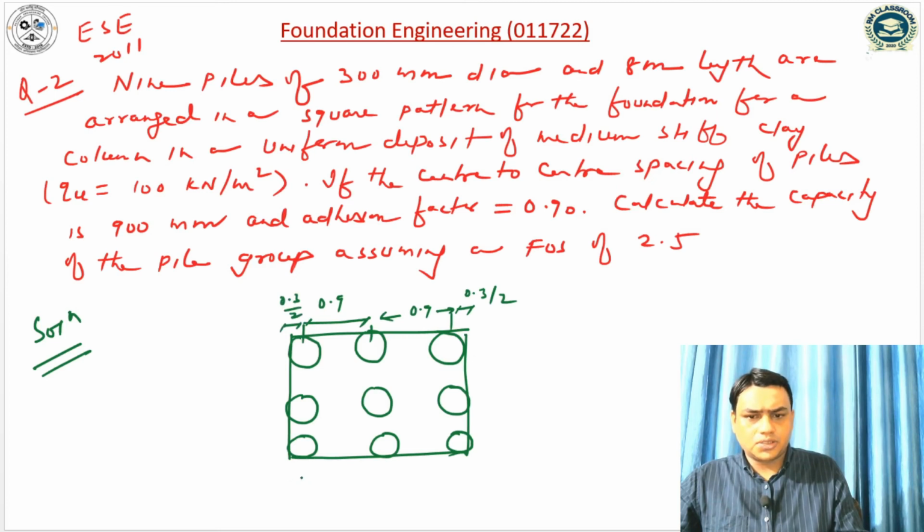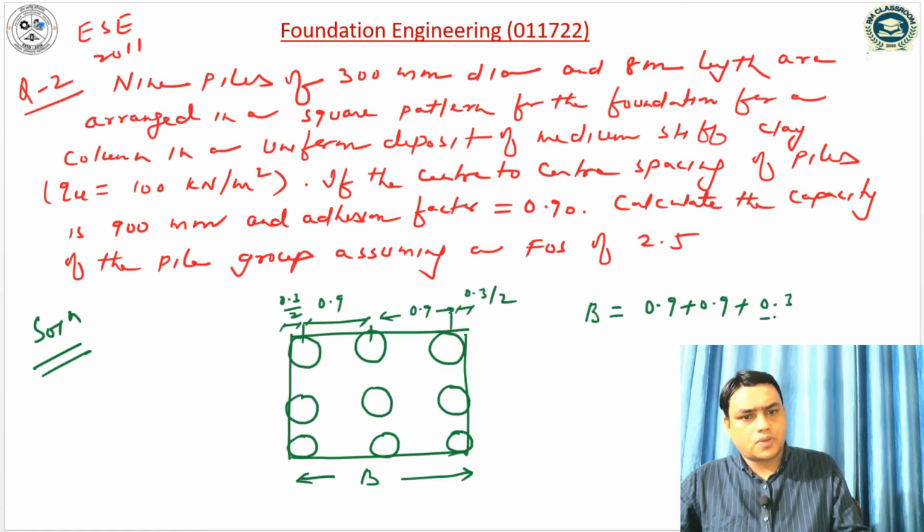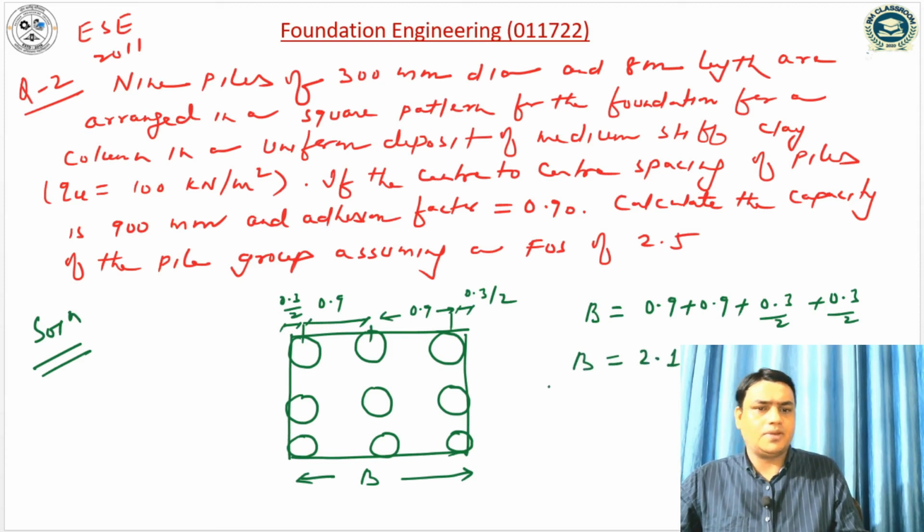So let us assume the size of the pile group is B by B. So B can be written as 2 into 0.9 plus 0.3, so B is equal to 0.9 plus 0.9 plus 0.3 by 2 plus 0.3 by 2. So B is equal to 1.8 plus 0.3, so 2.1 meter.